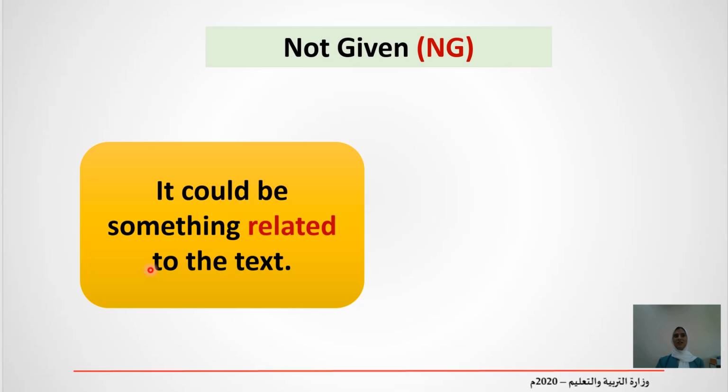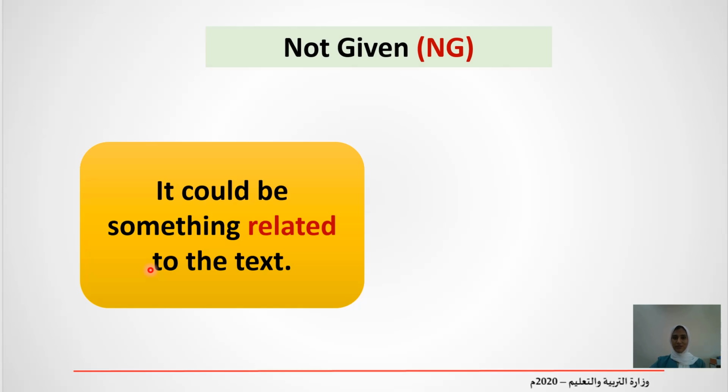For example, if the text talks about football and the history of football, and then suddenly I mention the name of a football player, then that information is not given because the focus is on football and its history, but not a certain player. So it could be related to the text and the topic, but still that information cannot be found.